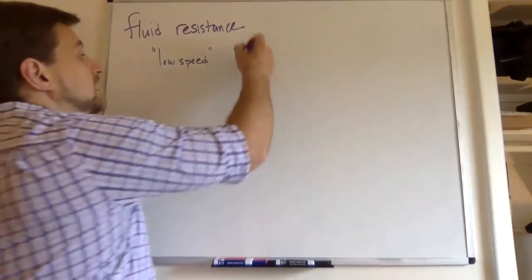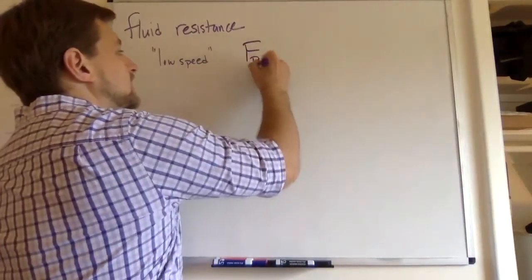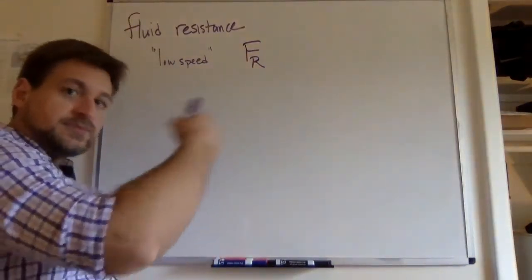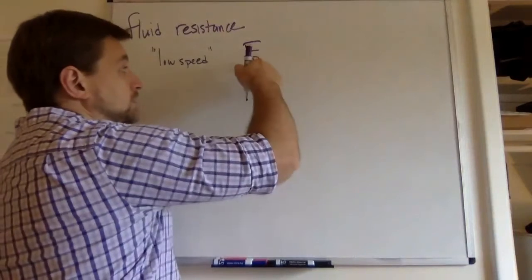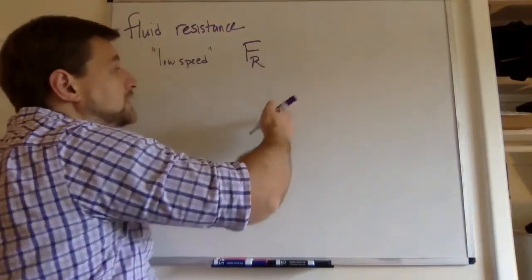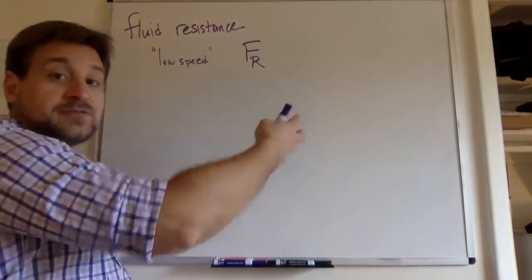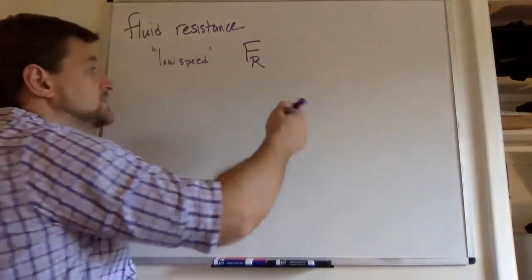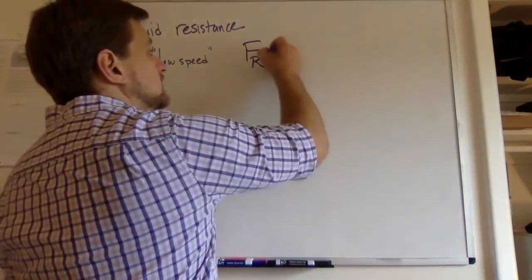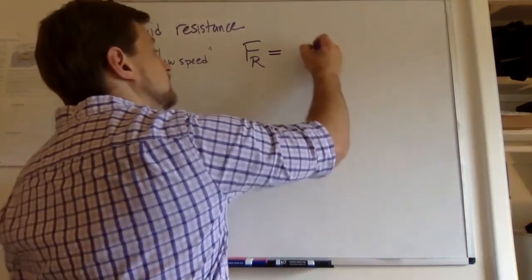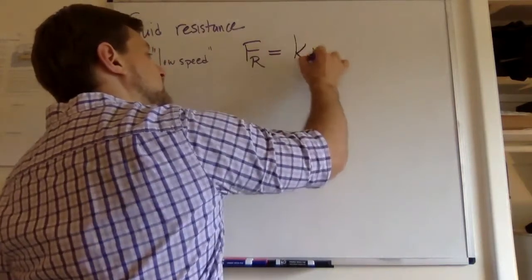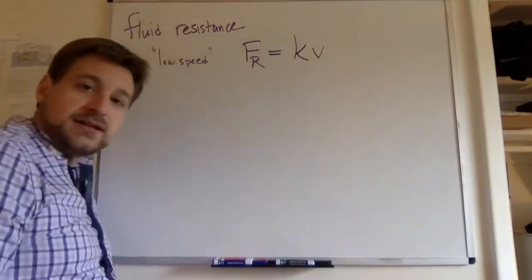The low speed case is described by a resistive force of fluid resistance. You could put FR, but the sub F makes me think friction. So I'm just going to put F sub R for resistive force, is proportional to the speed with which we're traveling and some constant of proportionality, k.